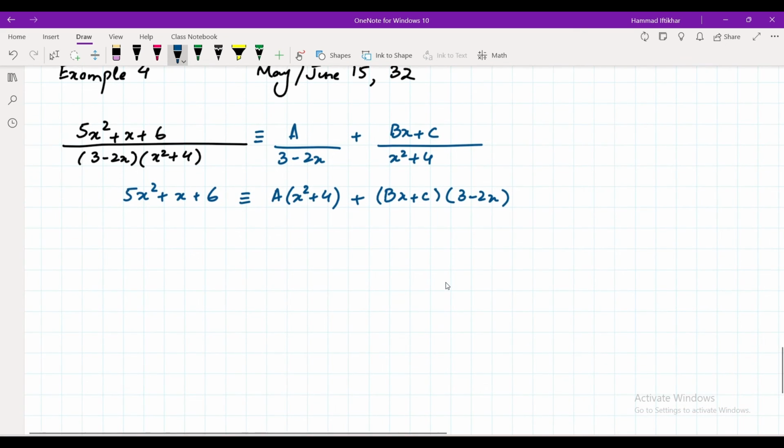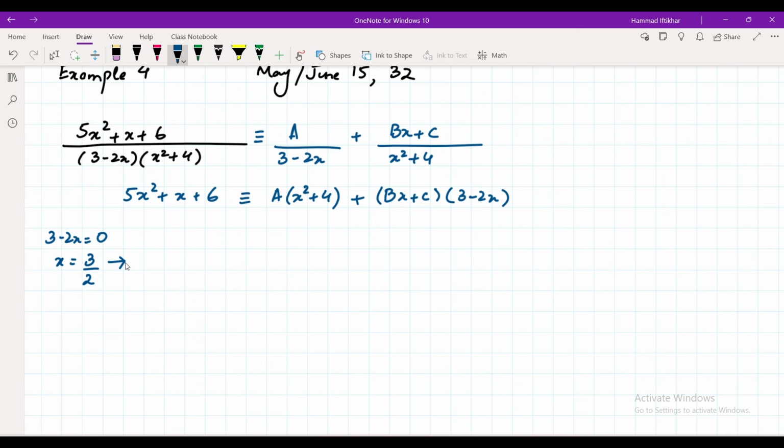So first things first, let's go with the easy thing. Let's go with 3 minus 2x equal to 0. So x would be 3 over 2. So when we plug this in, this seems like a very long case over here. So you could do that also, or you could plug in any other value also.